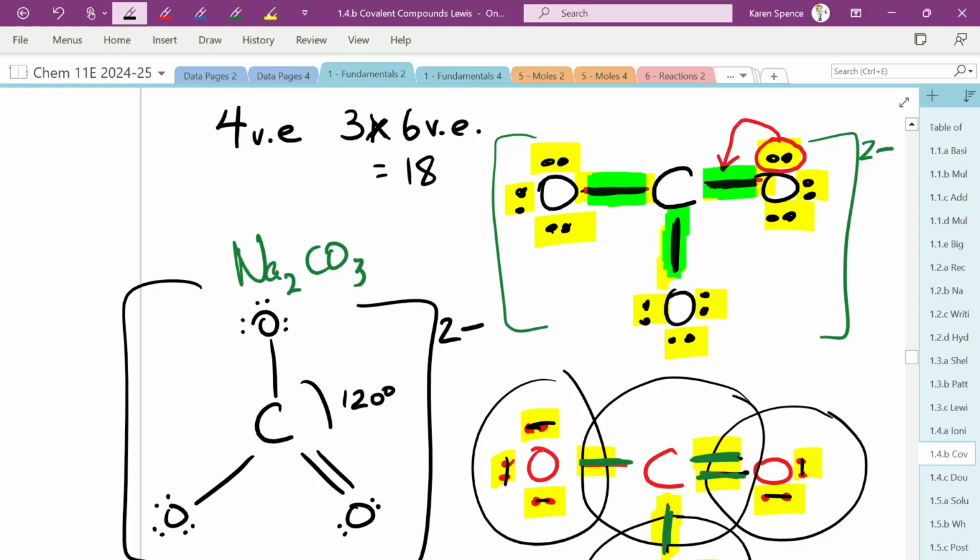And you would say, oh, this is that weird name, trigonal planar. So this has a trigonal planar shape.